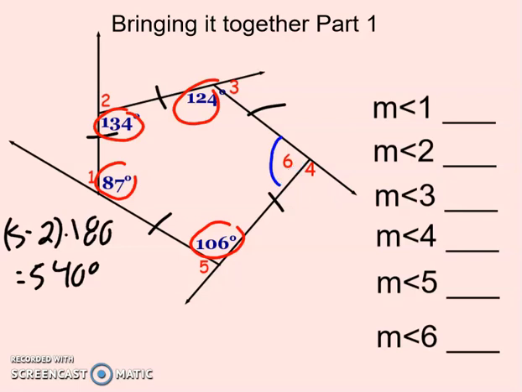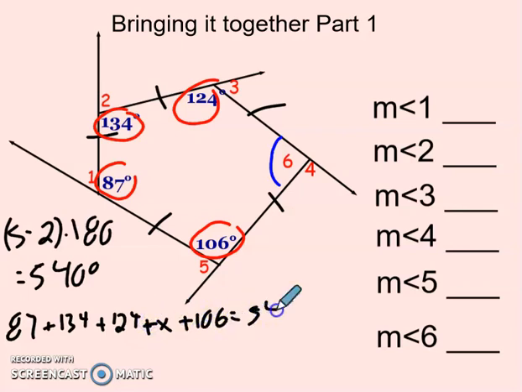Or I could technically write it out as 87 plus 134 plus 124 plus x plus 106 is equal to 540. I can simplify everything down and combine my like terms here.